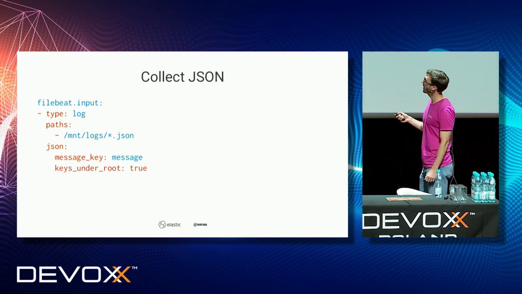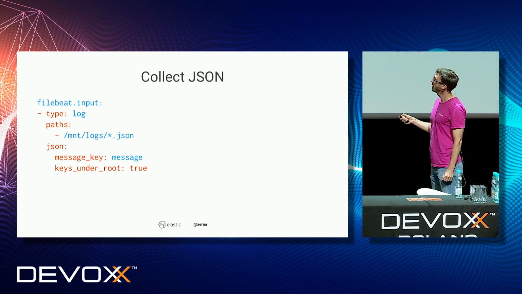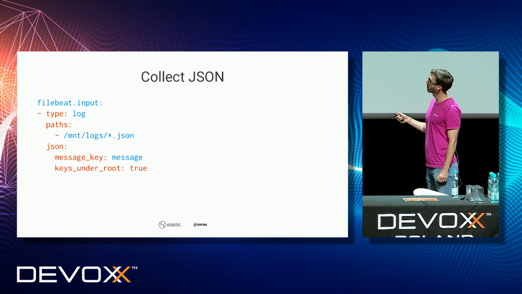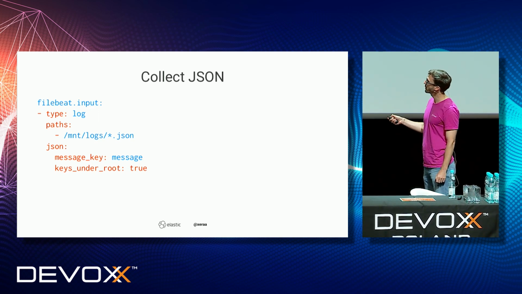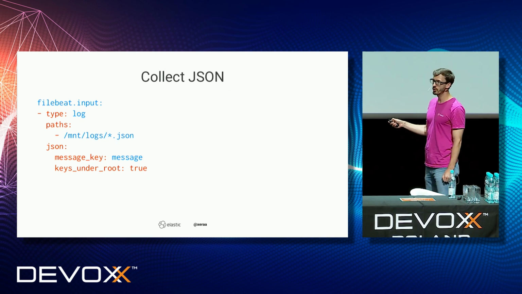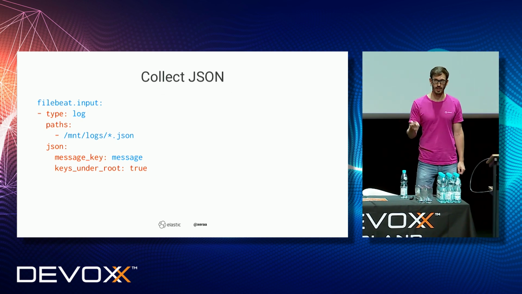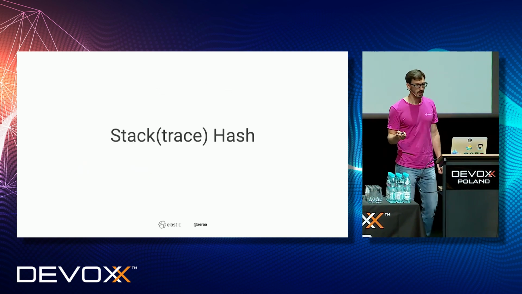So in the regular log file, you would just have this section, but now I replace .log with .json, and then I have this configuration here saying, well, there is a JSON message under message, and just put this as the root element into Elasticsearch. And this is all you need to do to collect the JSON file correctly and store it centrally.